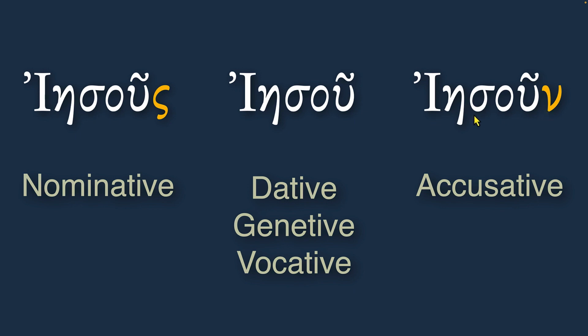The word that I showed you, Yesun, actually has this last letter nu added for the purpose of the case. Greek has cases. The accusative case has this nu letter added. Nu is like N, okay? And here this letter sigma is added at the end of Yesus, which is for the nominative, right?